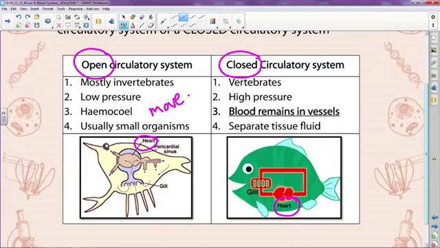Both of them have got this little pumping structure called a heart that's going to move things around. Now, in smaller little invertebrates, do you see here? Invertebrates, vertebrates, they're going to need something a lot bigger.